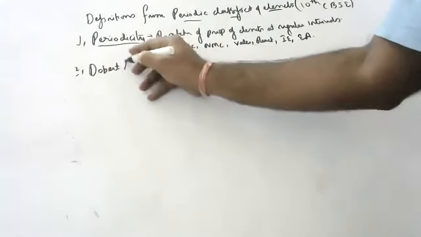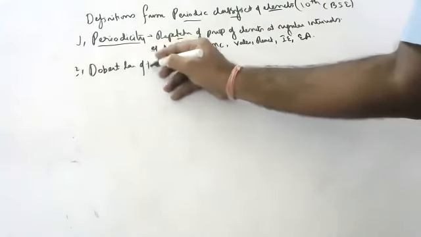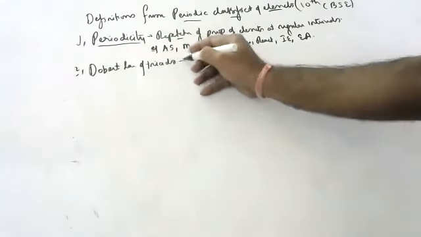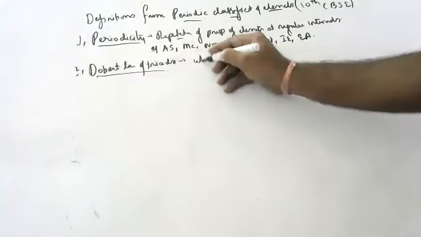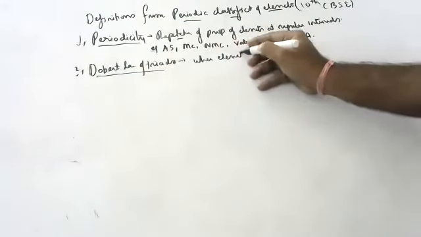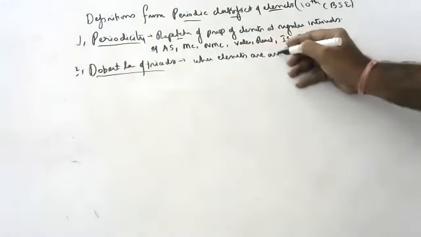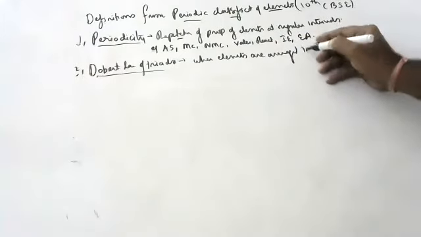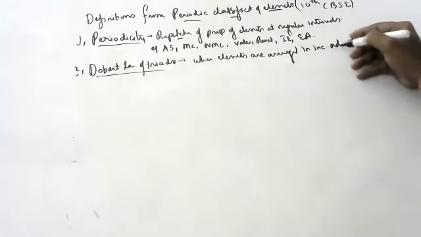Dobereiner's law of triads. Yes, children, what is Dobereiner's law of triads? Elements are arranged in increasing order of their atomic weight.